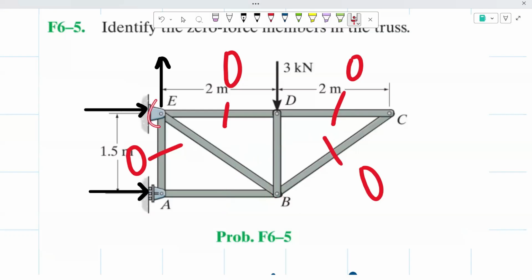And then for joint E, since it would technically just be 1, 2, 3 forces once again, because we know that these two are already 0 force members, but once again, we need 2 collinear ones and 1 non-collinear, and we don't have that. So once again, joint E for member EB would have a force.